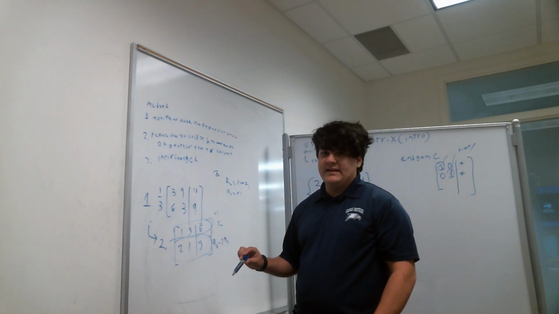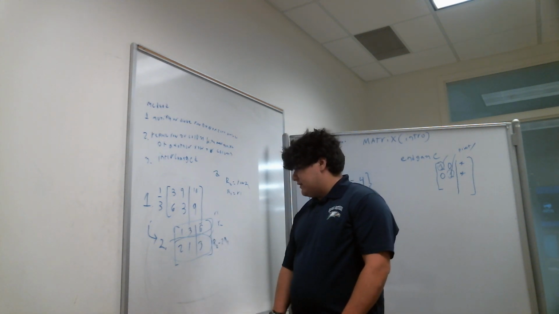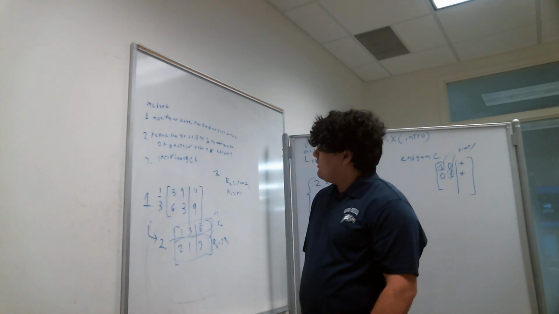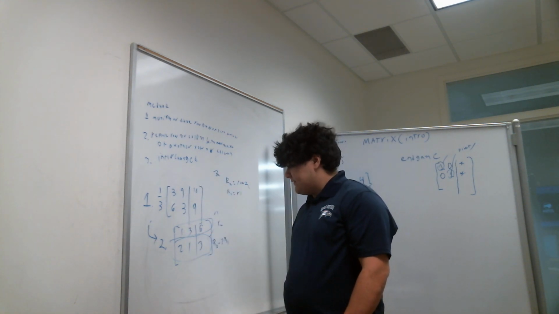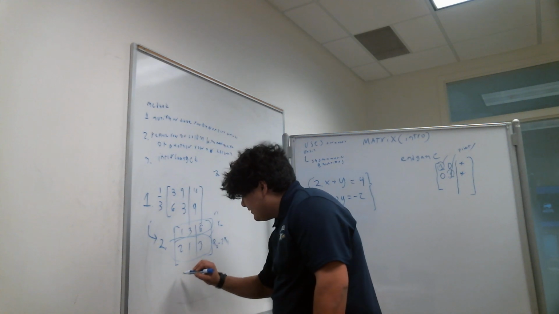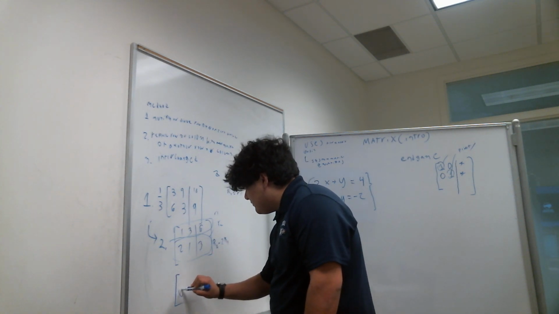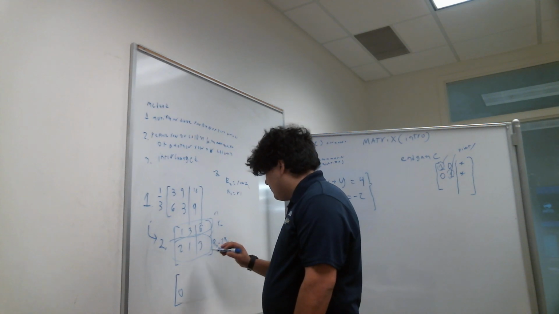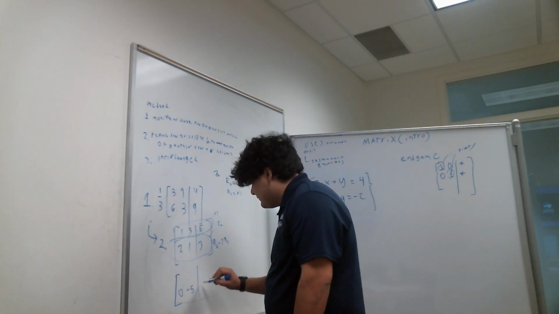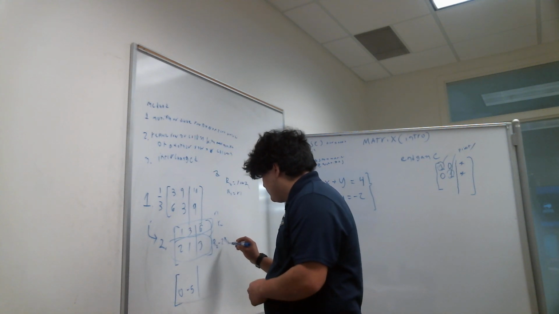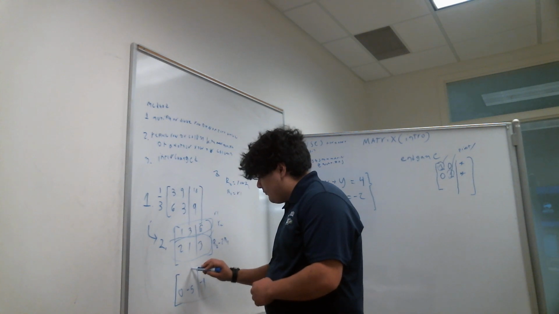I kind of hated doing that at first. You get R2 minus R1. You replace a row with a multiple of another row, which is the second method. You end up with 0, then 1 minus 5 is negative 5, 3 minus 12 is negative 9, 6, and the top row stays the same.